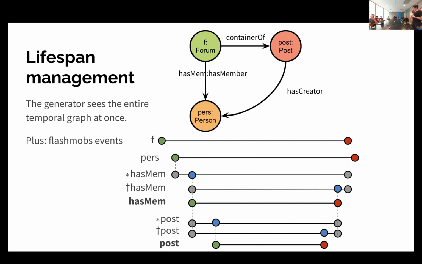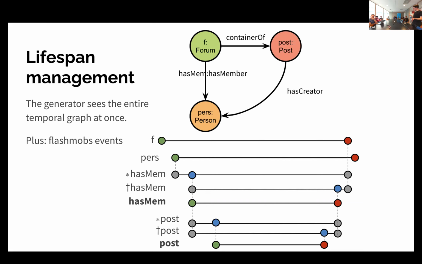To do so, the person first has to become a member of this forum. So what we do with our lifespan management is that we first say that to become a member of a forum, both the person and the forum have to exist. So we intersect the intervals and select the possible area where the person has a chance of becoming a member of the forum in the first place.